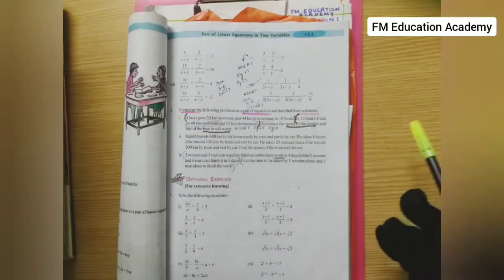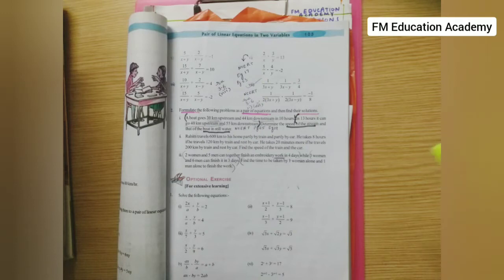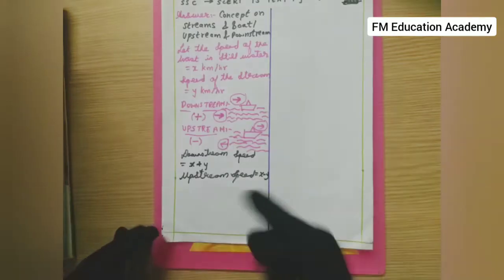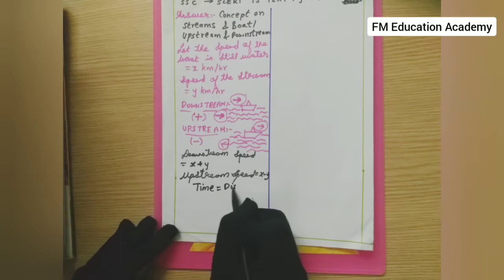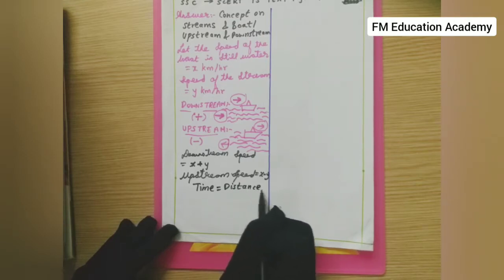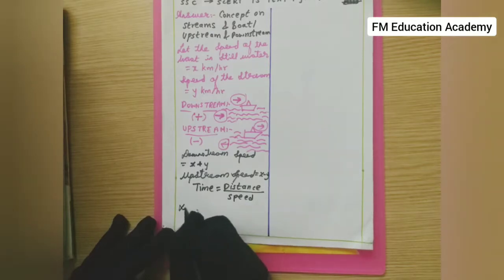And I know what is the formula for time, speed and distance? Time is equals to distance by speed. So I am going to use that formula for writing my equation. It has also given me the distance, first condition.